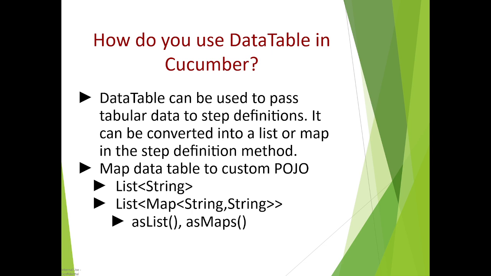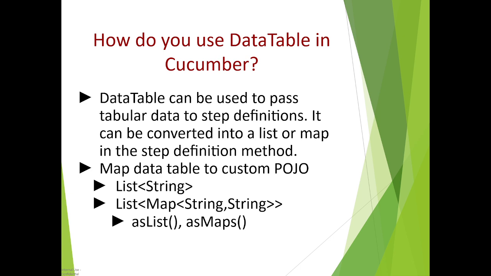and you can also map the table to custom Java POJO classes. So if you have, let's say, a user class, you can directly convert rows into objects. You create a POJO class where you can create variables, let's say user ID, user name, roll number, or employee name, and you can convert them into objects and pass them from the feature file. You can also use a single column list.